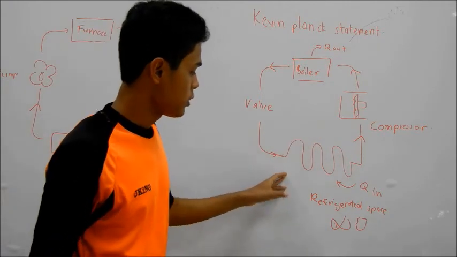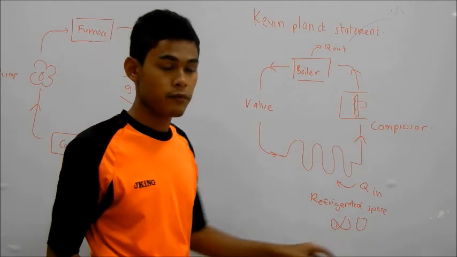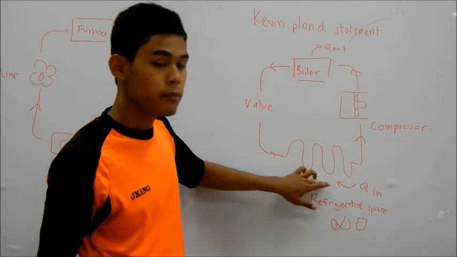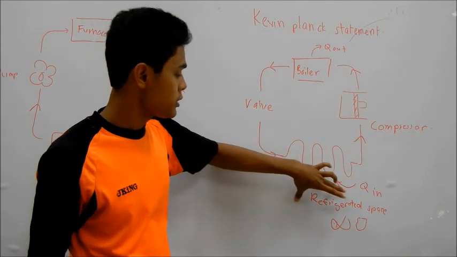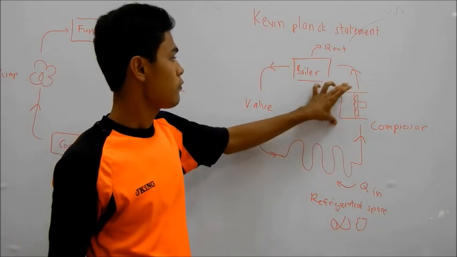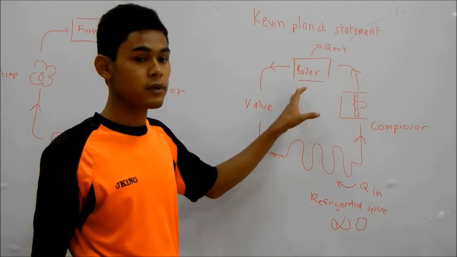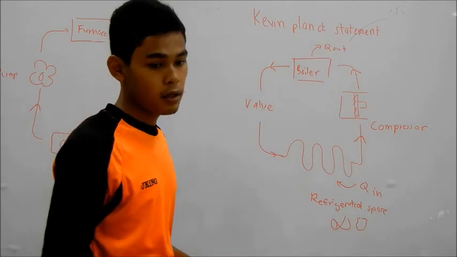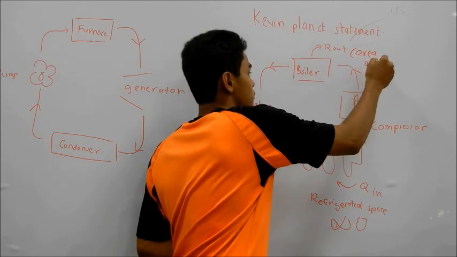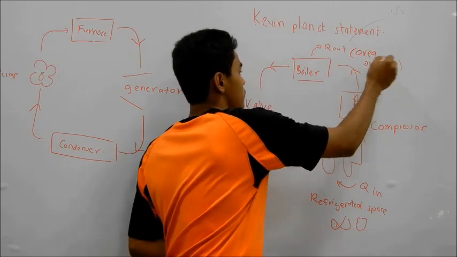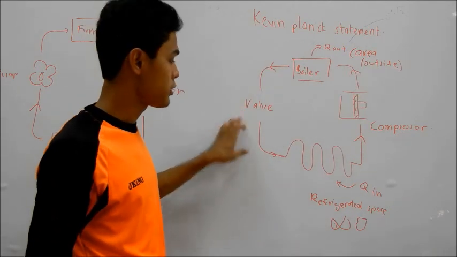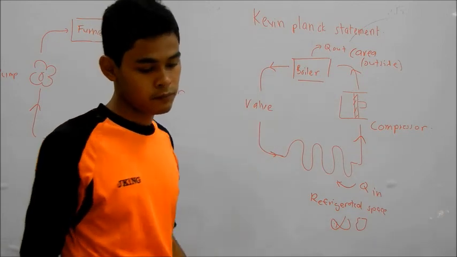Starting from the refrigerator space, the refrigerator is placed here, and it absorbs the heat in the space to maintain a low temperature, then flows to the compressor, and then flows back to the boiler to transfer the heat to the area outside. And then it transfers back to the valve, and so on, as the cycle continues.